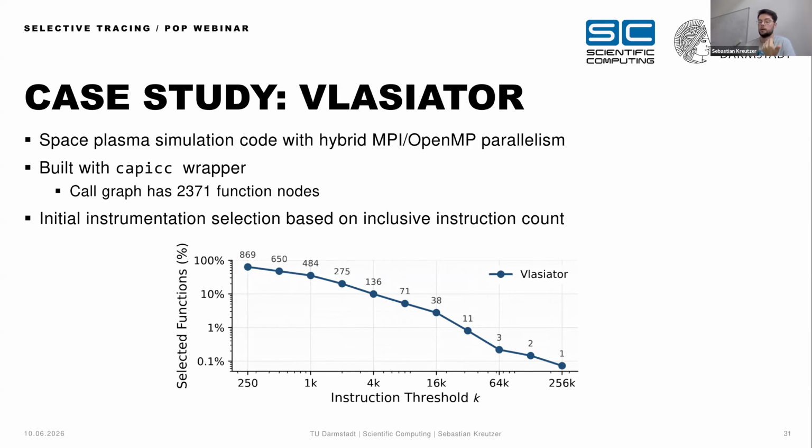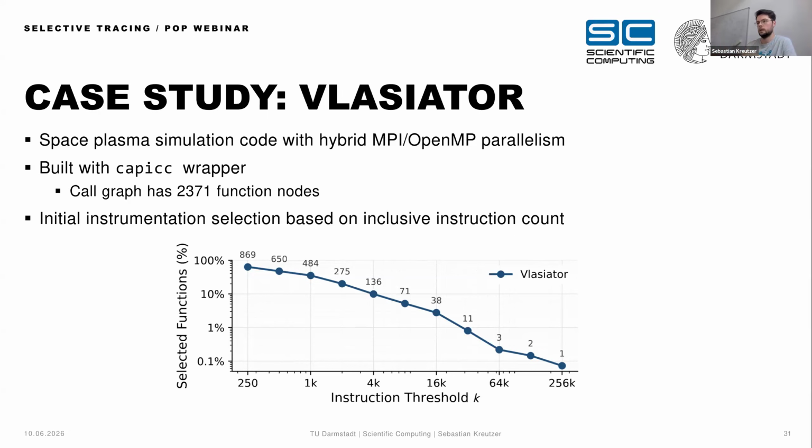So then we enter the profiling phase. We do an initial instrumentation selection based on the inclusive instruction count metric that I've introduced at the start. And we've looked here at how that changes based on the instruction threshold K. Obviously, choosing a higher threshold of instructions will reduce the number of functions that are selected.